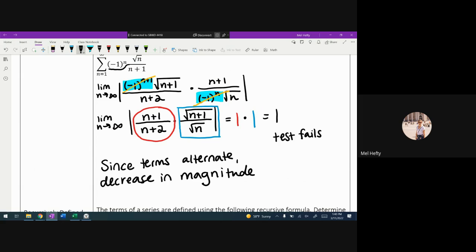So if I look, thinking about plugging in bigger and bigger values for n, do you think that the denominator is going to be getting bigger faster than the numerator is? Yeah. And what was the last one? The limit of what? So this guy without the alternator in there, does that limit equal 0?